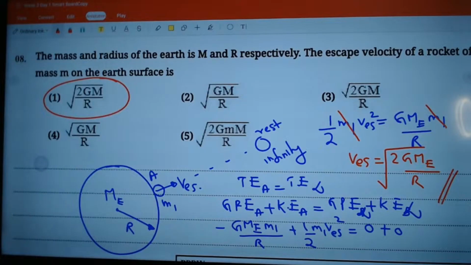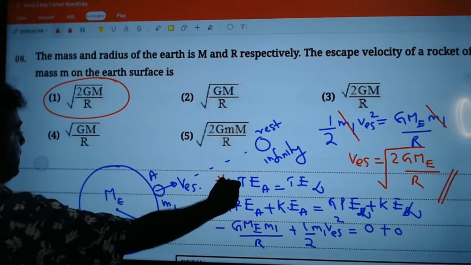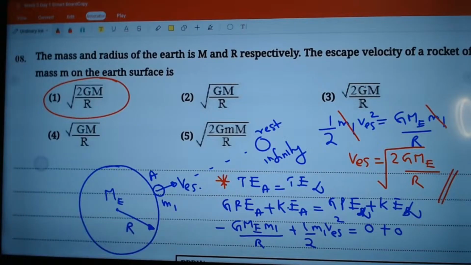We can apply the law of conservation of energy to obtain the relationship.